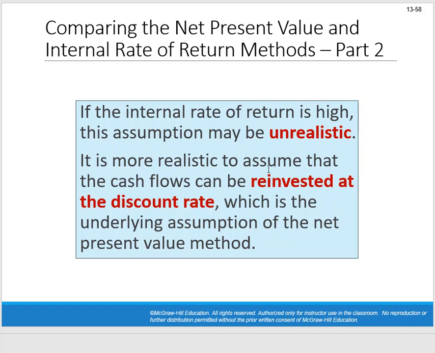It's more realistic to assume that cash flows can be reinvested at the discount rate, which is the underlying assumption of the NPV method. Both methods are making this big assumption, but the rates might be more realistic in NPV versus IRR. So they both have some flaws, but they both do play an important role in helping us with our decision-making process.